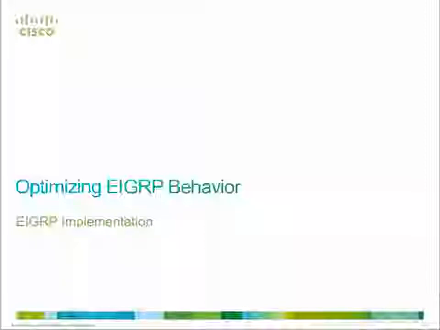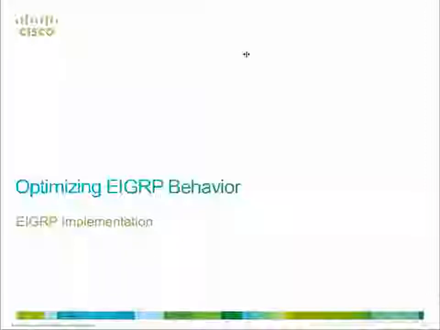We'll talk about how we do summary routes to reduce the size of a routing table, and also to change the impact of the query process in our topology. And then finally, we'll talk about the load balancing options we have with EIGRP, because EIGRP is the only routing protocol that has the capability of not only doing equal cost load balancing, but also unequal cost load balancing.